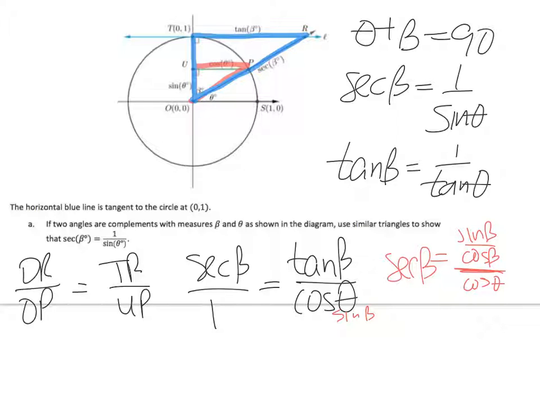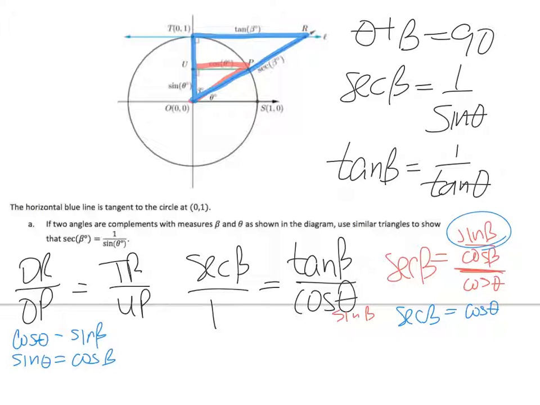A second ago I just restated what we said in the last slide, that cosine theta equals sine beta and sine theta equals cosine beta. I'm going to use that right now, right over here. Secant beta equals 1 over cosine beta, and cosine beta equals sine theta.